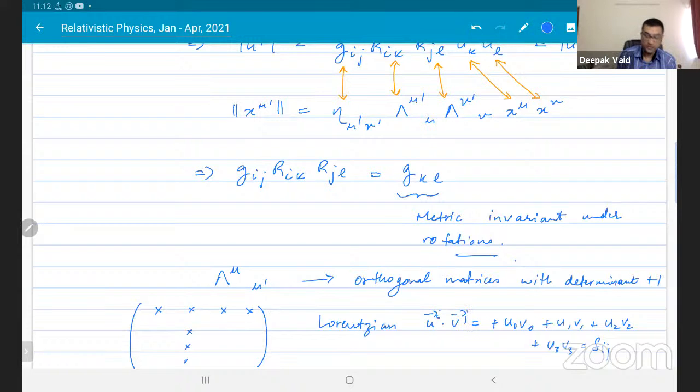So these are orthogonal matrices with unit determinant 1, and they are put under the category called SO(3,1). SO(3,1) means special, unit determinant 1, orthogonal. The 3,1 means that when you take the inner product of any two vectors, you have to use the Minkowski metric.